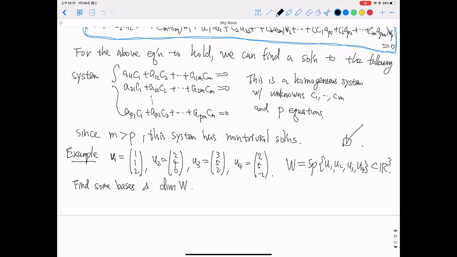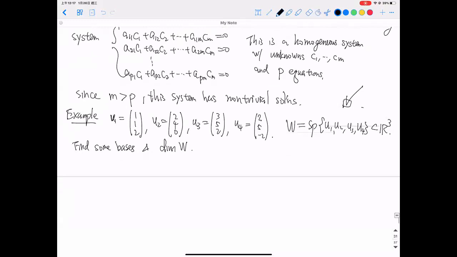We'll just do one case, using the row space approach.